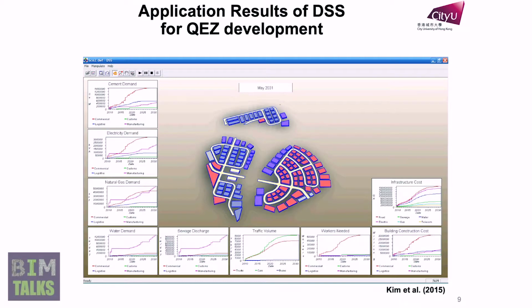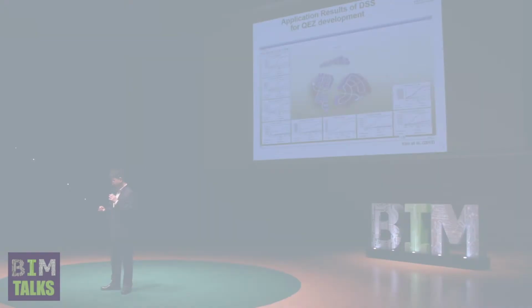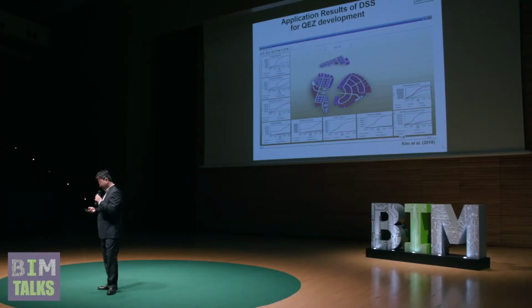So multiple stakeholders can understand, even those who are not familiar with schedules, how the development progresses and what kind of metrics they can have at a specific point in time. That means they can have better communication with different stakeholders. So that's one thing I want to show.